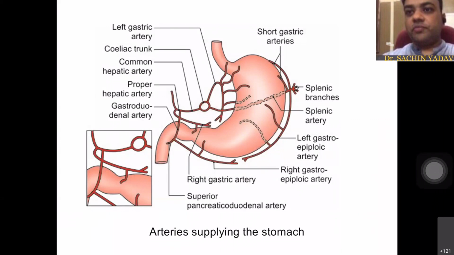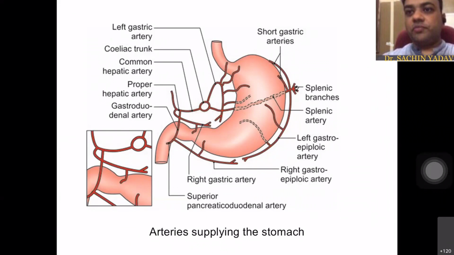The abdominal aorta runs from its entry from the thorax into the abdomen up to its division into the right and left common iliac arteries. It gives unpaired and paired branches. It gives only 3 unpaired branches. The first unpaired branch is the celiac trunk, which we can see here along the lesser curvature of the stomach.